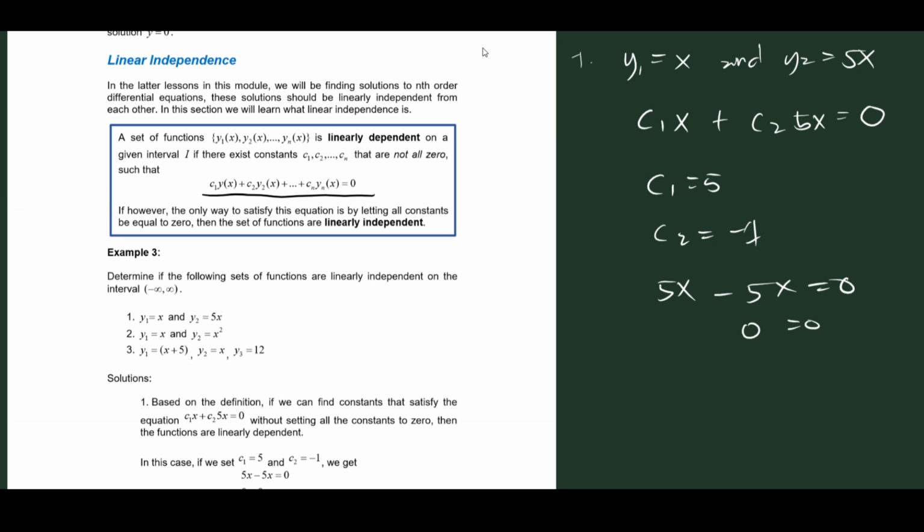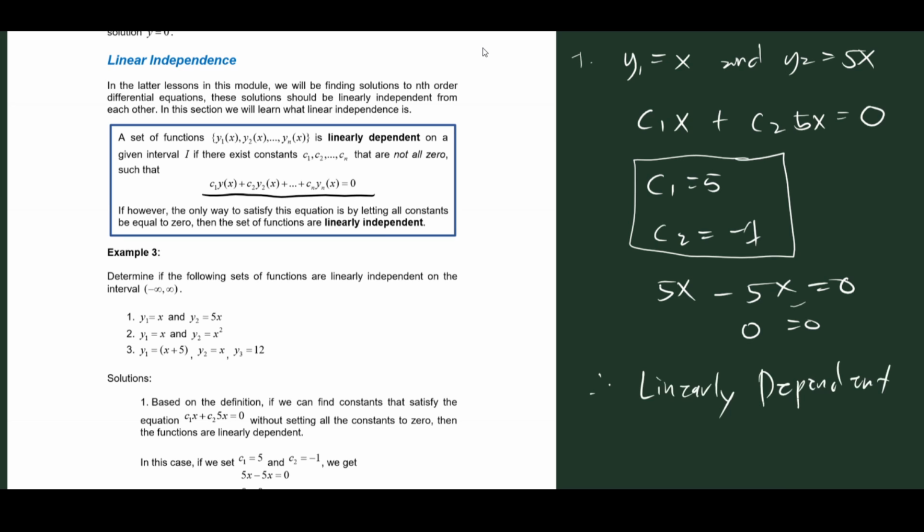So that satisfies the equation. The fact that we found these two constants that are not all 0 means that in this first example, these two functions are linearly dependent. Okay, so that's it for the first example. So that was linearly dependent.